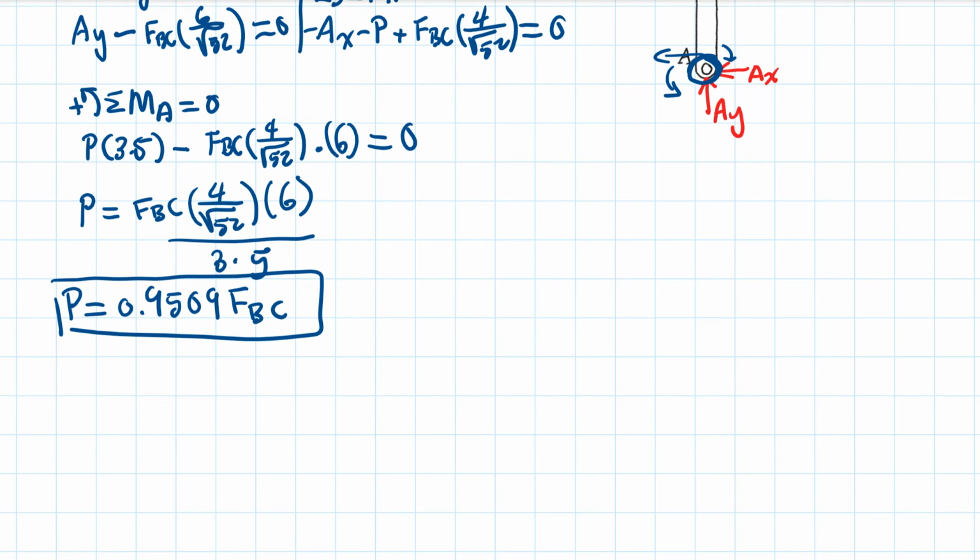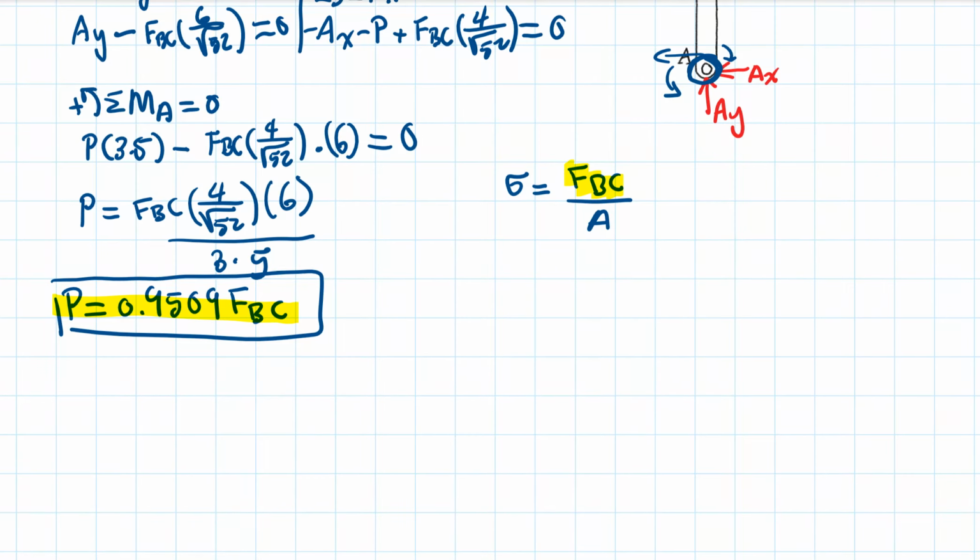BC cable. So now we can use the stress equation to find the force. So we know that stress is equal to the force in the BC cable divided by area. So our goal in here is to find the force in the BC cable and plug it into this equation right here.